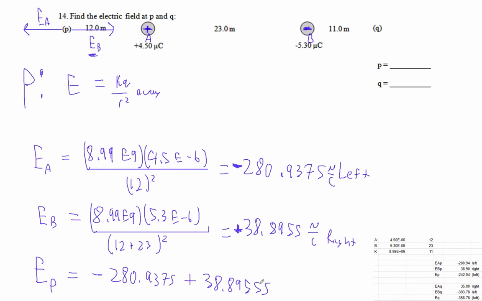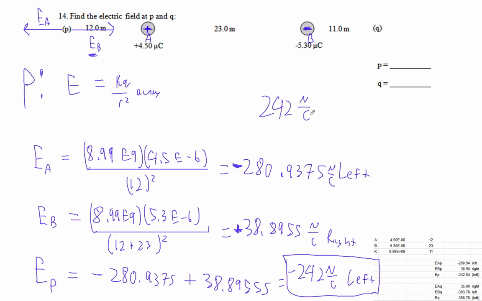So the opposite of the first one I got, plus the not opposite of the other one, and I'm getting negative 242. Right, so the fact that it's negative means that it's to the left. If you label it negative to the left, I'm not going to interpret that as to the right, I promise. Okay, really probably the least confusing thing is to actually just say 242 newtons per coulomb to the left.